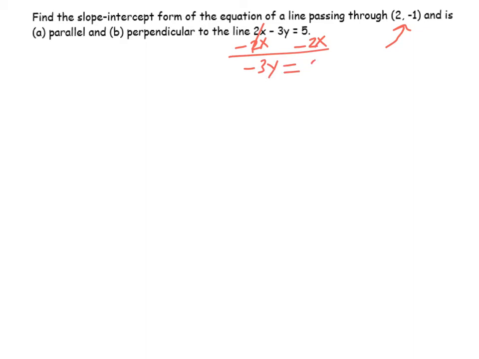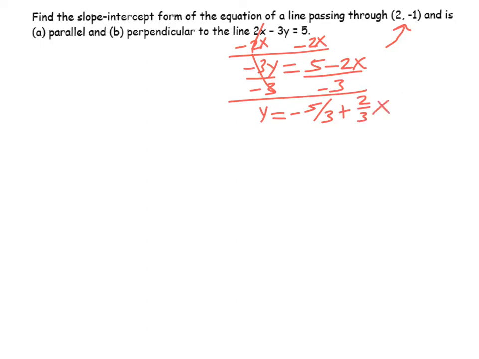Essentially, I just want to get it solved for y. Y-intercept, I don't really care about that much. This is what I'm after, to see that the line that I was given, it has a slope 2/3, okay?